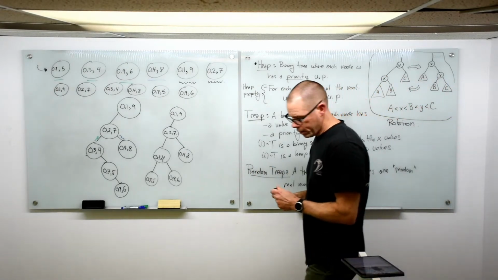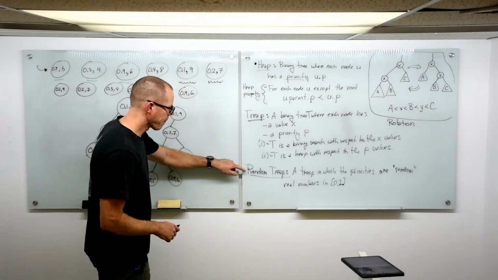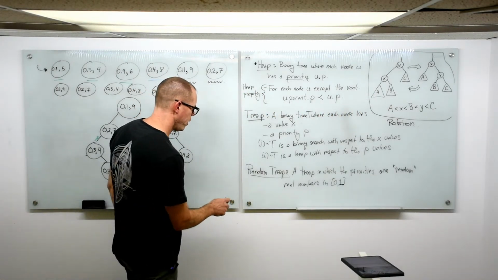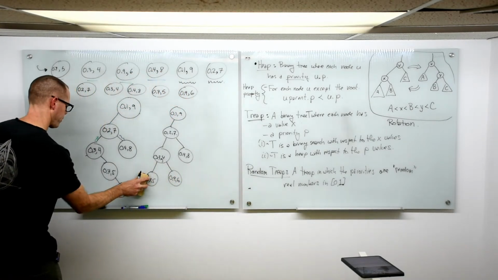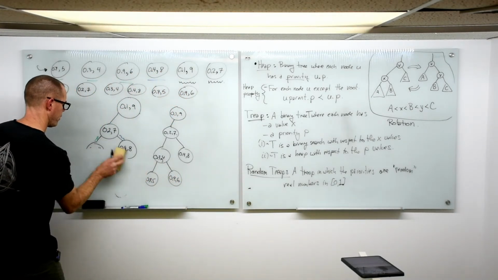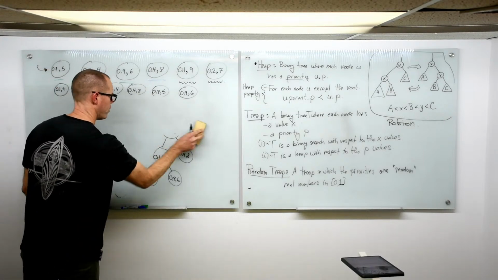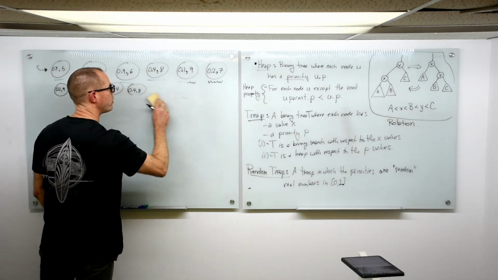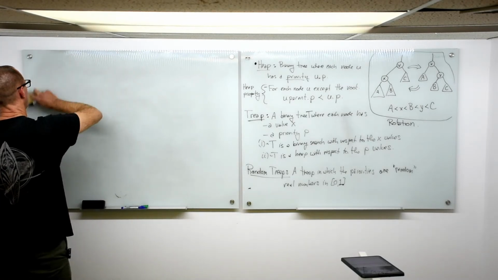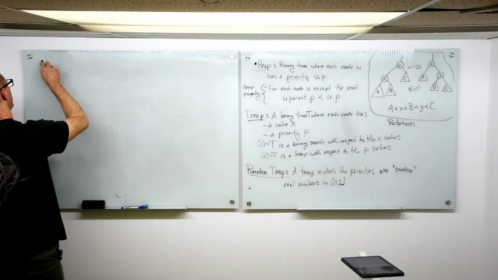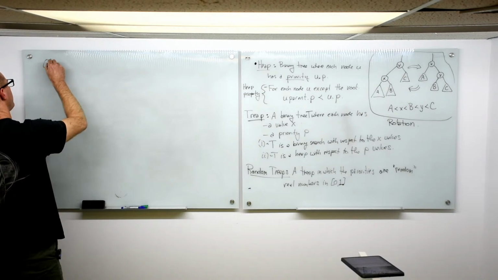Okay. So here's the point. A random treap is a random binary search tree. So I don't know, this is an observation.